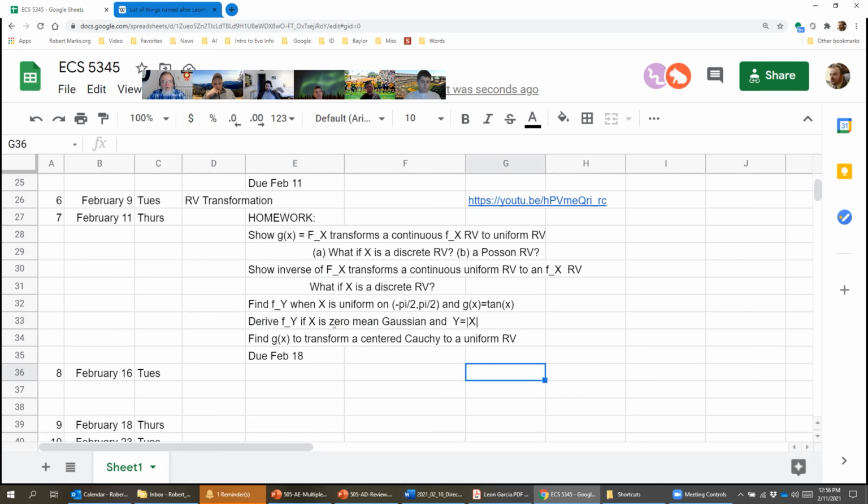If we have a Gaussian velocity and we want to transform it to the speed by taking the absolute value, not caring about the direction, this would be the transformation that you would use. And you'll find out it's one of the familiar random variables that I gave you when we listed a bunch of random variables. And then I want you to find g of x to transform a centered Cauchy to a uniform random variable.